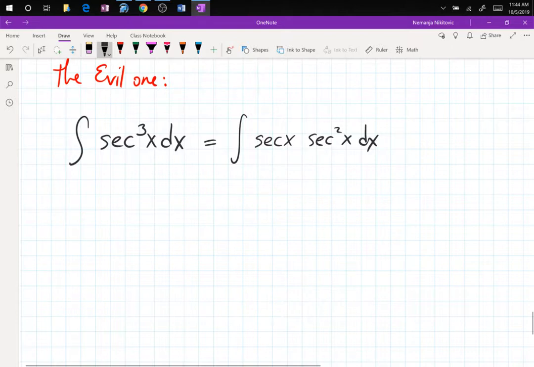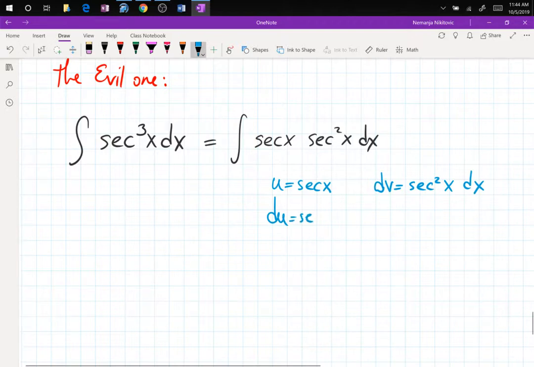So integration by parts kicks in as u equals secant x, dv equals secant squared x dx. And we established earlier that the integral of secant squared is a basic tangent. So du is going to be secant x tangent x dx when we differentiate, and v is just tangent x.